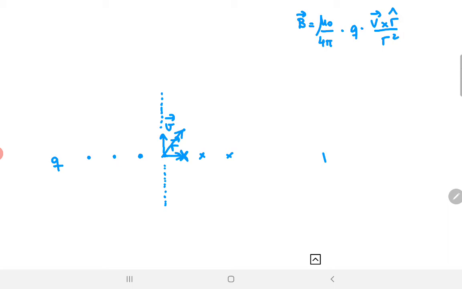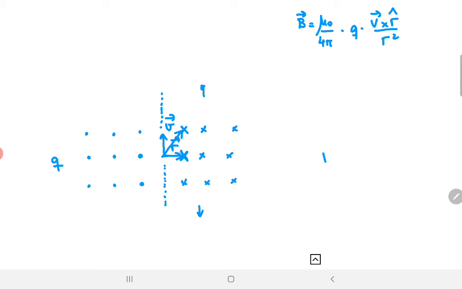With your right hand, you can deduce that the magnetic field at this point is going to be into the screen. So I'm left with something like this. The further away I go in this direction or in this direction, the smaller the magnetic field. And on the left part, I'm going to have this kind of magnetic field.